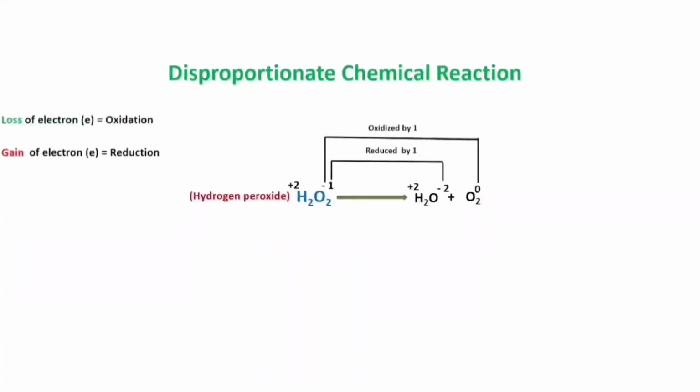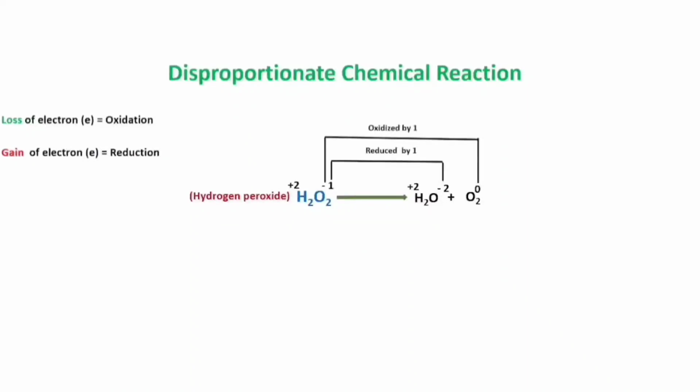And in the other half reaction, the oxidation state of oxygen is increasing from -1 to 0, meaning oxygen is oxidized here by 1, and oxidation means loss of electrons. So, in this half reaction, oxygen lost 1 electron and it is oxidized by 1. So, in the same chemical reaction, oxygen is undergoing reduction as well as oxidation.